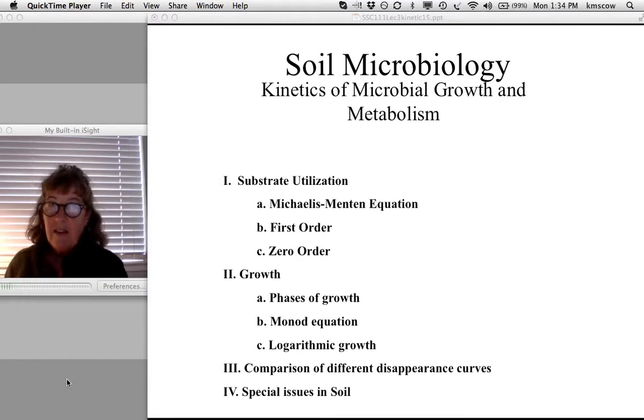Like, it could be how fast does nitrogen become available from an organic source of fertility, like from a manure or compost, or it could be about how long does it take for a particular pollutant to break down in the subsurface, like petroleum around a gas station, or it could be how long does it take for a pesticide to break down in the field after it's sprayed, and can we predict when workers can go back in the field? There's a lot of really important types of application for this information, and let's jump in.